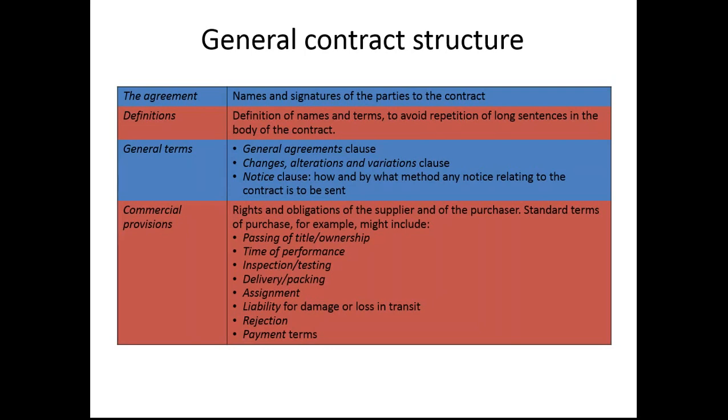Most of the commercial provisions are going to be simply related to the express terms, but some of them will be implied. Typically, passing of title or ownership. When does it become ours? We bought it, but when is it ours in law? In simple terms, until you've paid for it, you have no legal right over it.